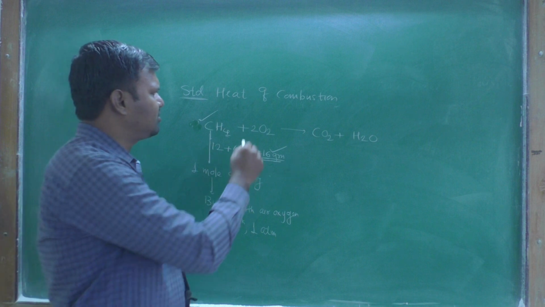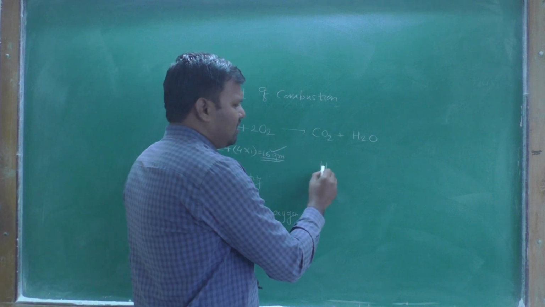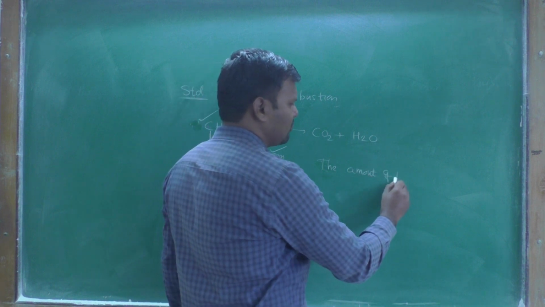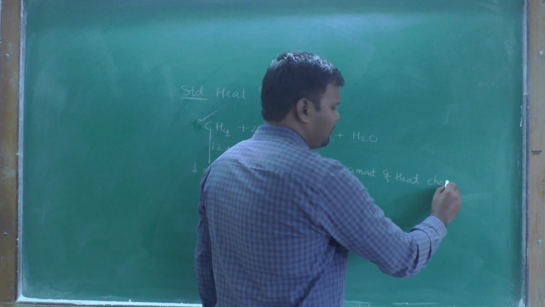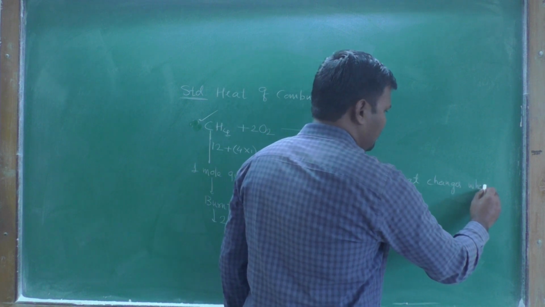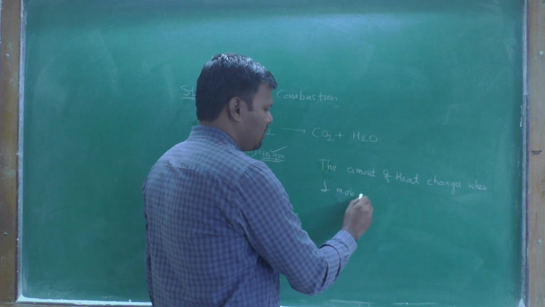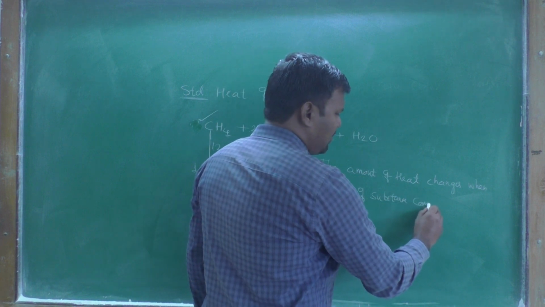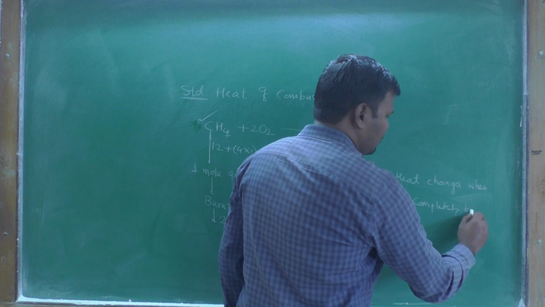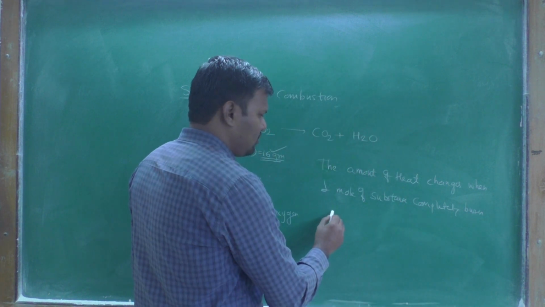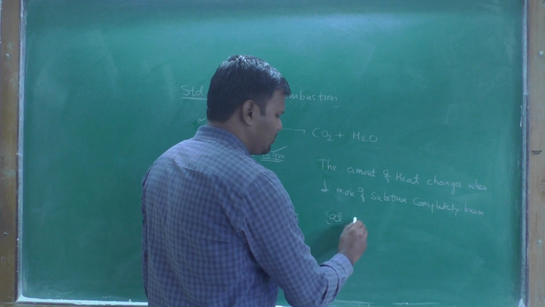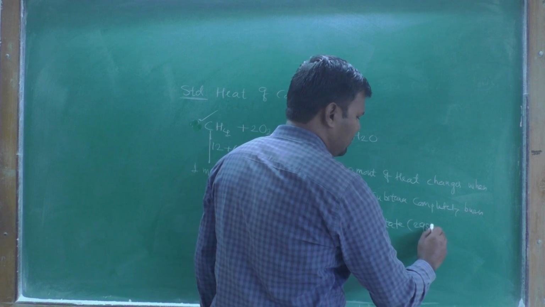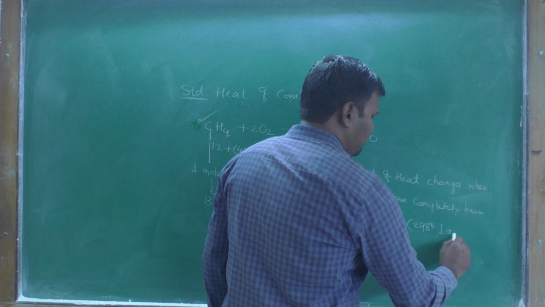Okay, how do we define the standard heat of combustion? The amount of heat change when 1 mole of substance completely burns at standard state. The standard states are 298 Kelvin temperature and 1 atmospheric pressure.